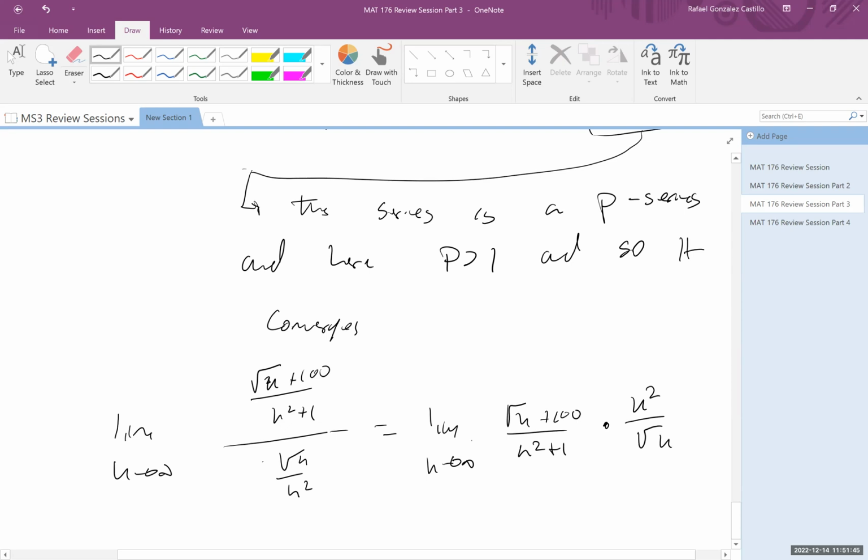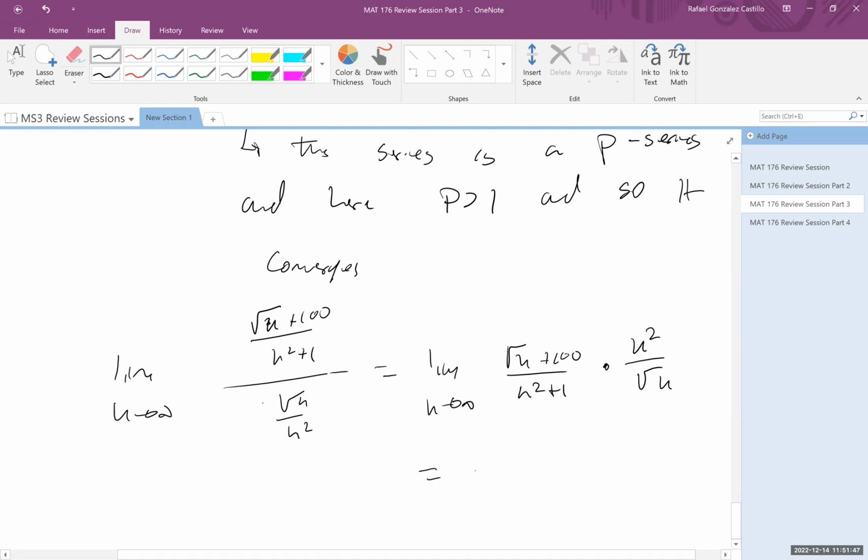When you multiply, you could FOIL: radical n by n squared, and 100 by n squared, so you get n to the 5/2.